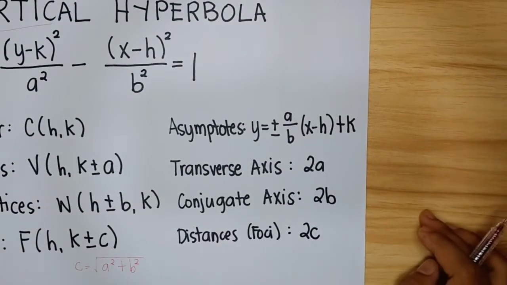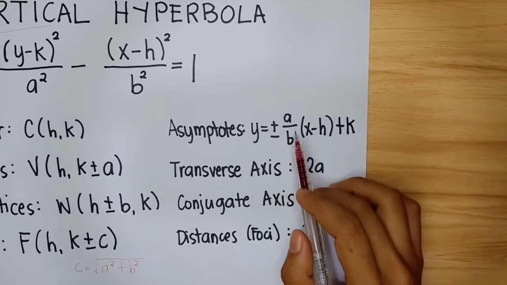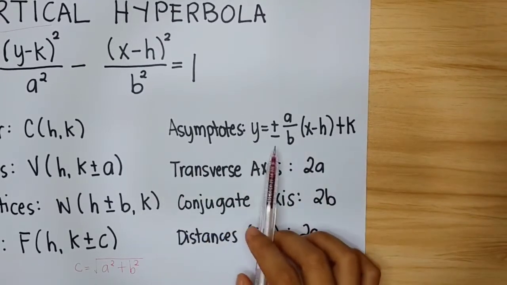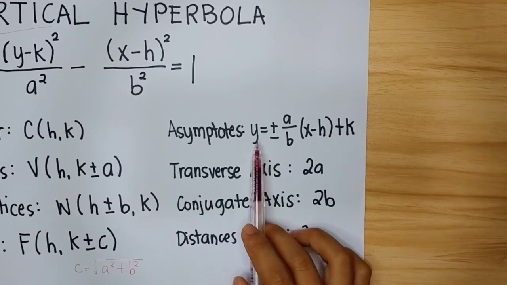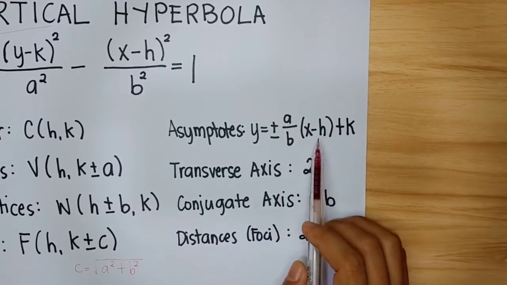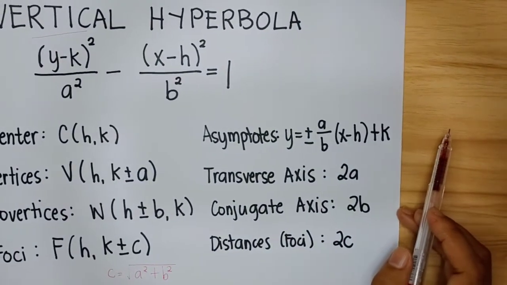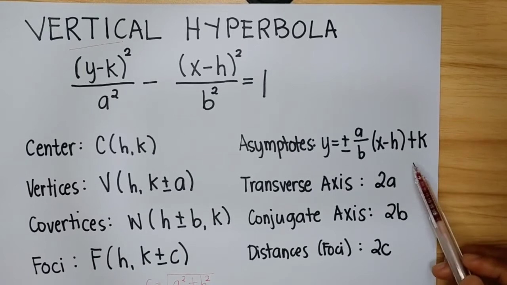What will be our asymptotes? The asymptote in the horizontal is b over a, right? For the vertical, we have y is equal to plus minus a over b times the quantity x minus h, plus k. That will be our asymptotes.